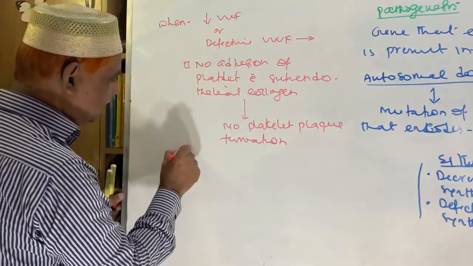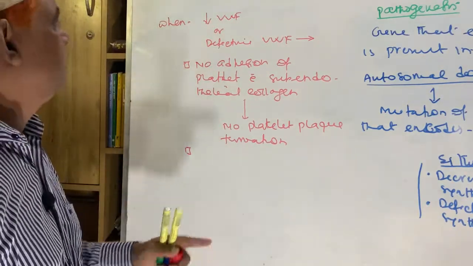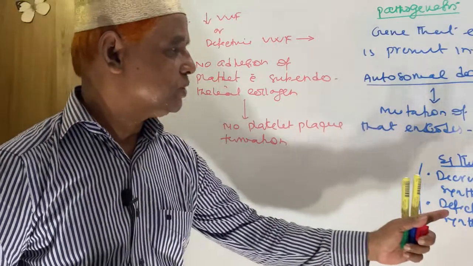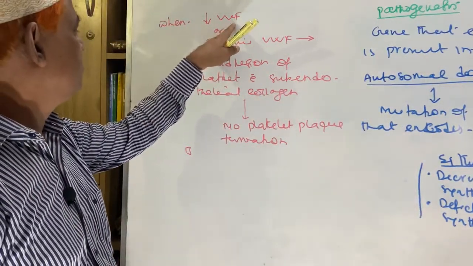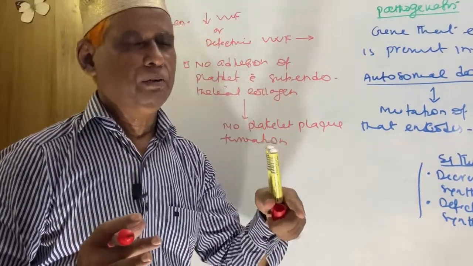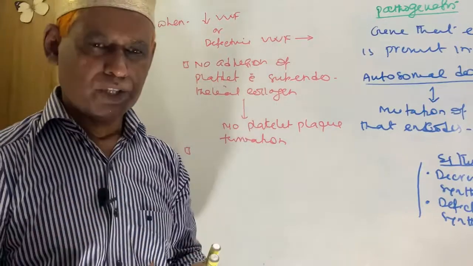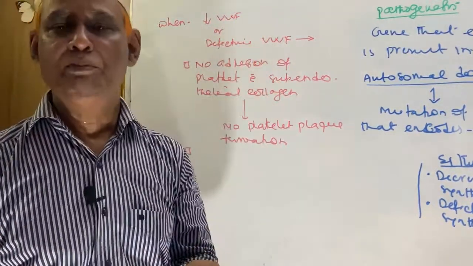As there is no platelet plaque formation, what will happen there? As there is low level of this factor or defective factor, the factor 8 in combination with the von Willebrand factor is minimum.